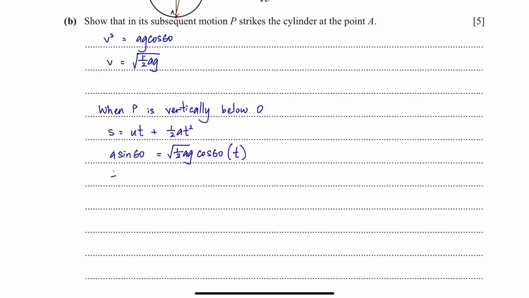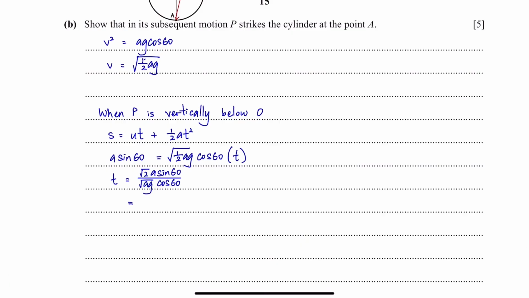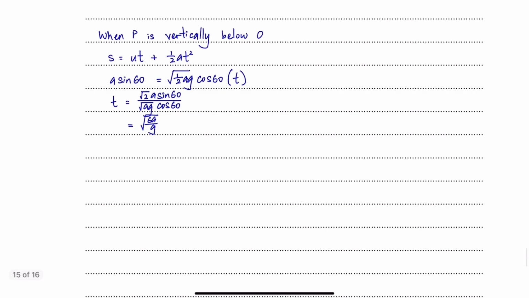So we have T equal to 2A sine 60 over root half AG cos 60. And this would give us root 6A over G. So we know that the time that we need to use would be root 6A over G.